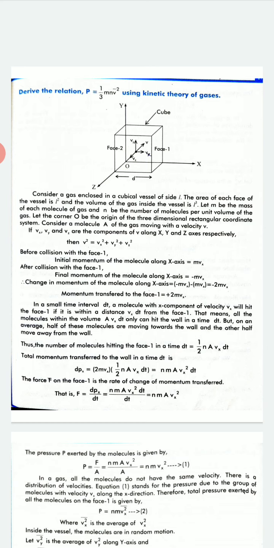So the velocity square is equal to Vx square plus Vy square plus Vz square.